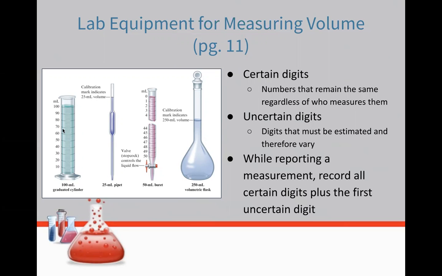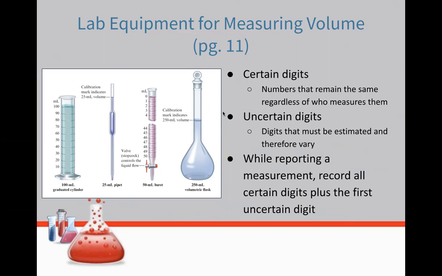Based off of that, you're going to know a certain number of digits from whatever you're using. Of course, this burette is going to be a little bit more precise than the graduated cylinder. The pipette and the volumetric flask are pretty precise to one point though.